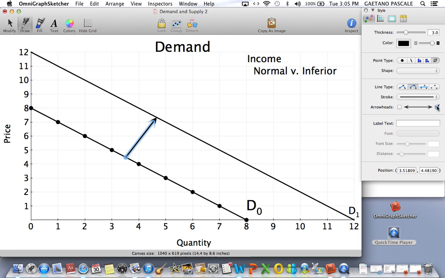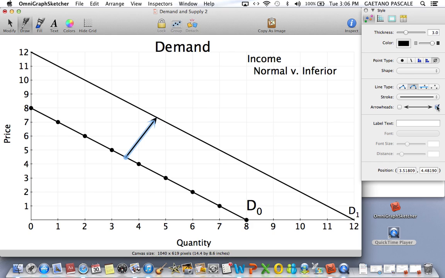People want to purchase more of that particular product because their incomes have gone up. So if the prices remain the same, quantity demanded is going to increase because income has gone up and it is a normal good. So when you think of a normal good, if there's an increase in income, demand is going to increase. There is a positive relationship between income and demand.